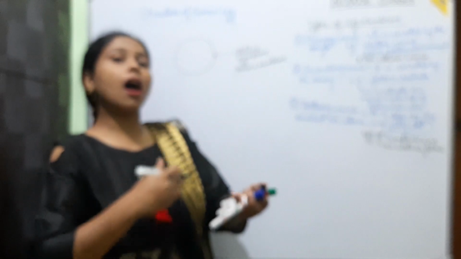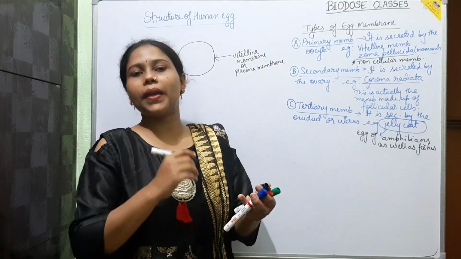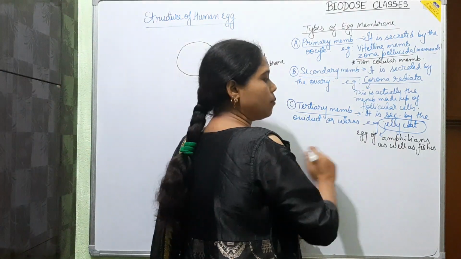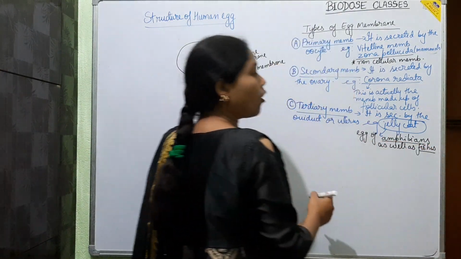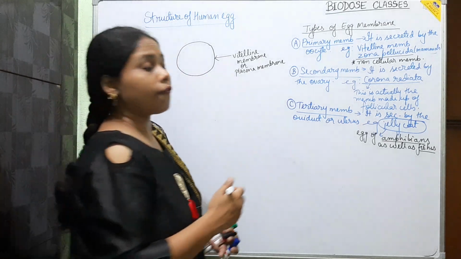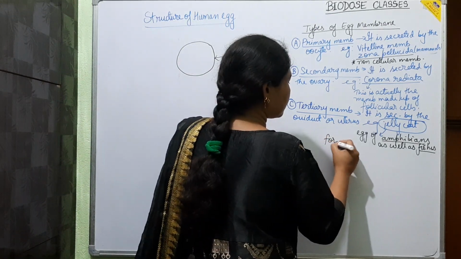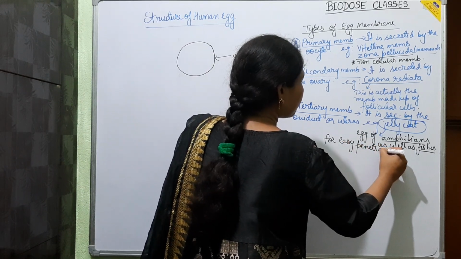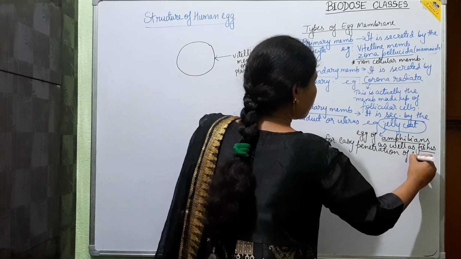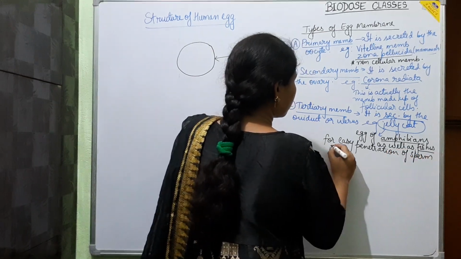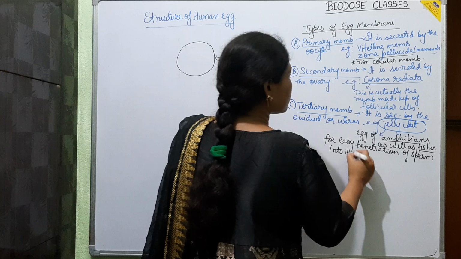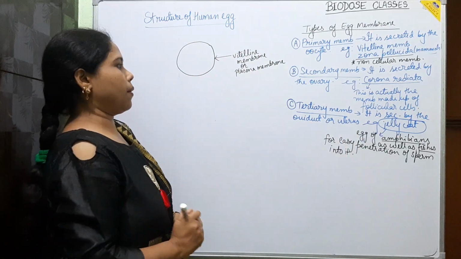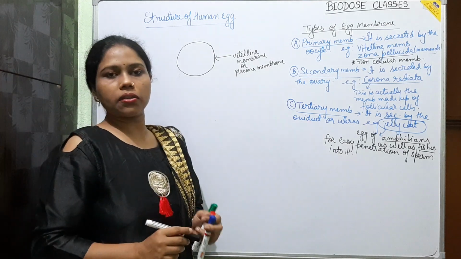If there is a hard covering, the sperm cannot penetrate inside the egg. That's why those animals have a jelly coat, for easy penetration of sperm into it. So we have seen there are three types of membrane: first primary, second secondary, and third tertiary.